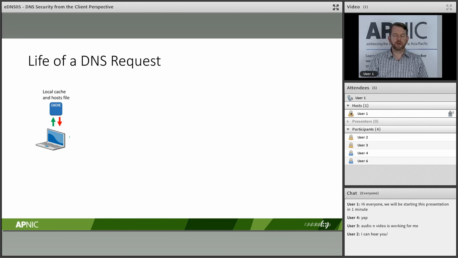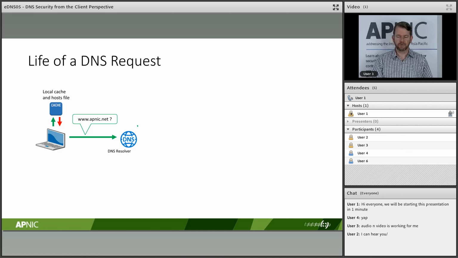So does the local computer already have the information it needs to convert the name into the IP address number? If there's no response from that, then the computer will go to its configured DNS resolver. So it sends the request to the DNS resolver saying, I need the IP address for www.apnic.net. Assuming that the DNS resolver doesn't have that locally cached in its system, it will then go to the top-level domains.